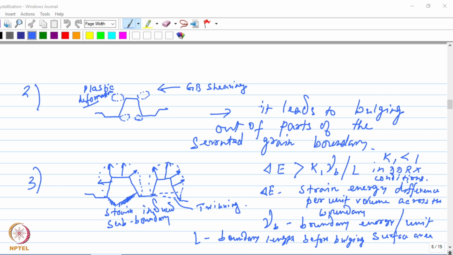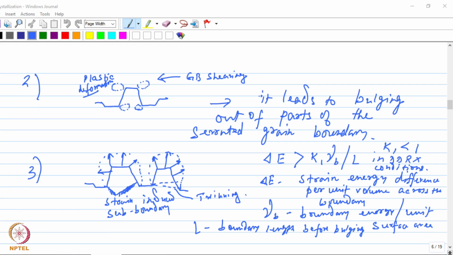And we have also seen the boundaries which form around this bulge or the nucleus which forms out of the bulge will depend on the Zener-Holloman parameter. For high values of the Zener-Holloman parameter, the boundaries will be low angle boundaries, while for low values of Z, twin boundaries will be generated.